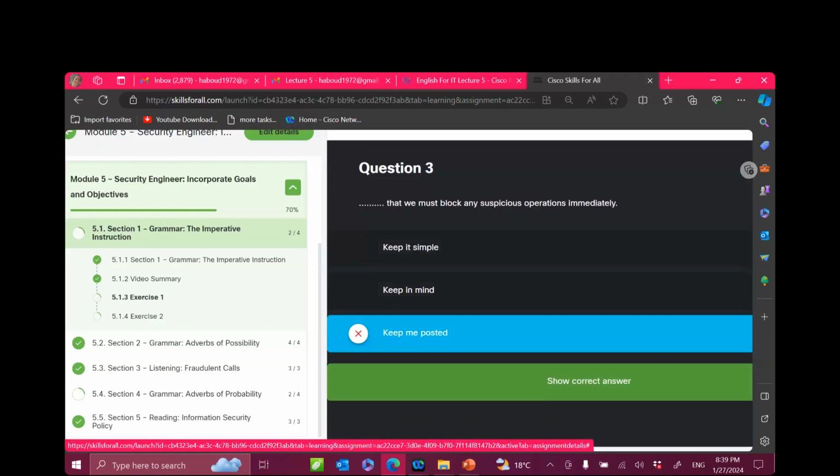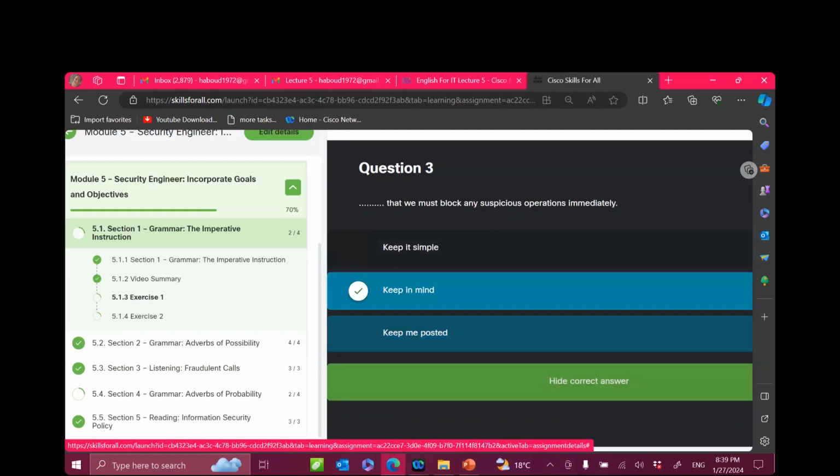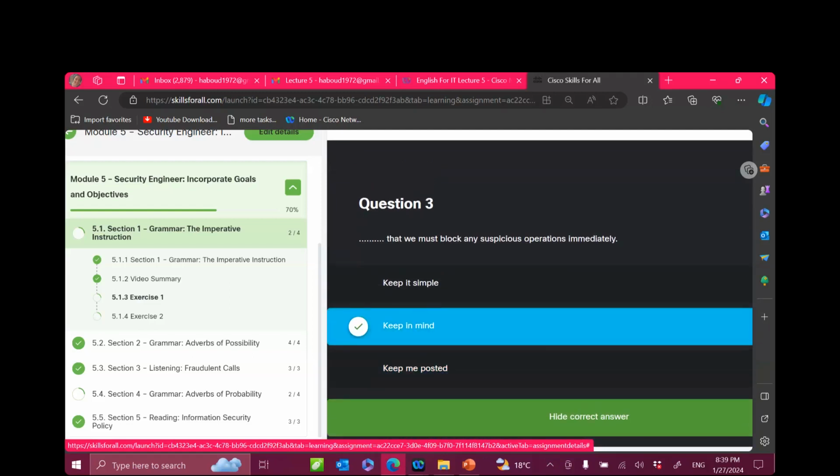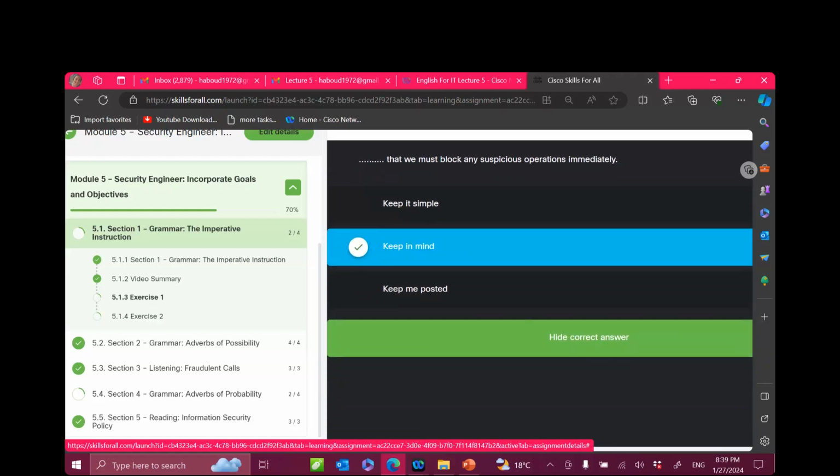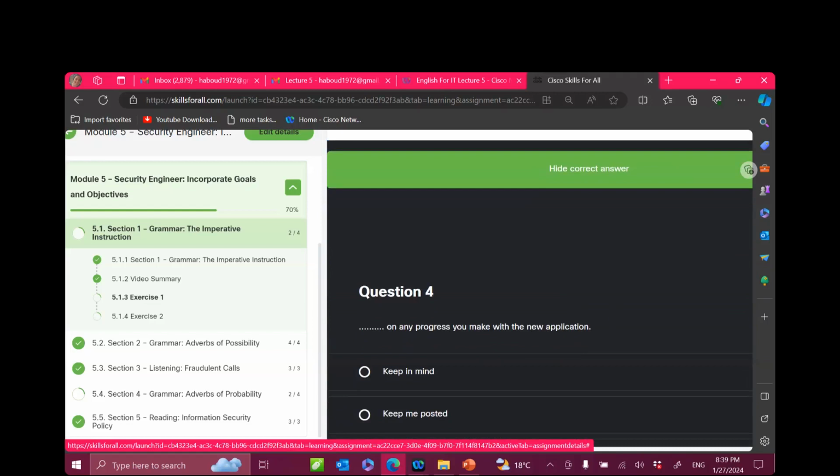Oh, incorrect. What do you think? Okay. Yes, of course. Keep in mind طبعا. Keep in mind and always think about it that we must block any suspicious operations immediately. Okay, next number 4.